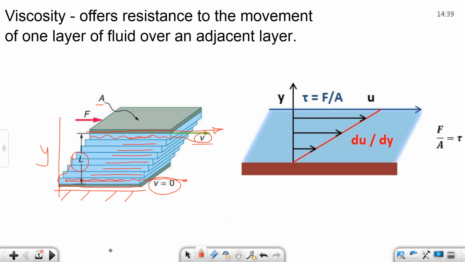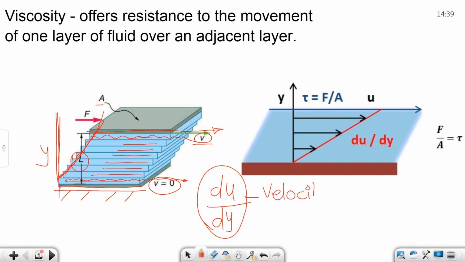So this variation of fluid velocity, this profile, is the velocity gradient. The variation of velocity across the height or the gap of this oil film thickness is the change in velocity du along the height, let's say dy. This is a velocity gradient, a very important term.